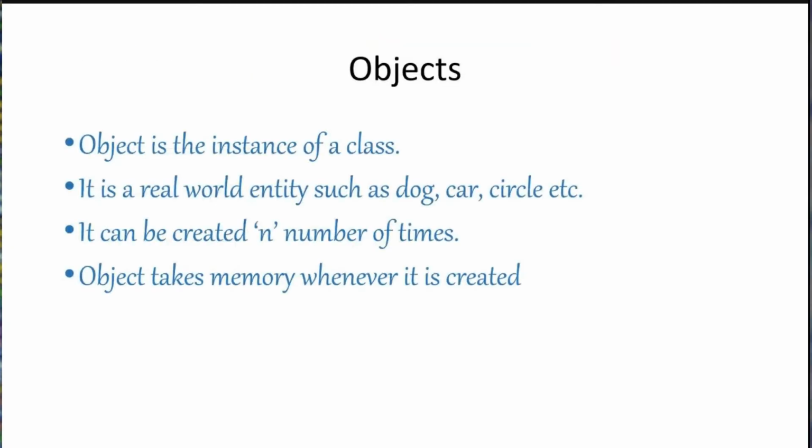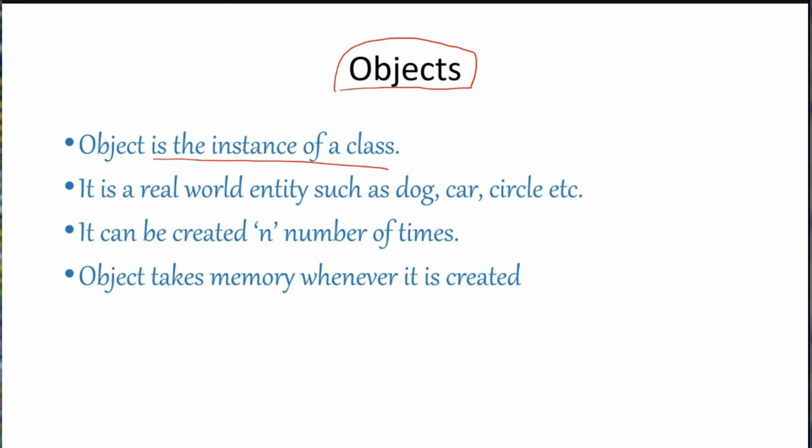Then let's formally try to identify the object. To understand the object, first is the definition, and I have put it as simply as possible. An object is an instance of a class.